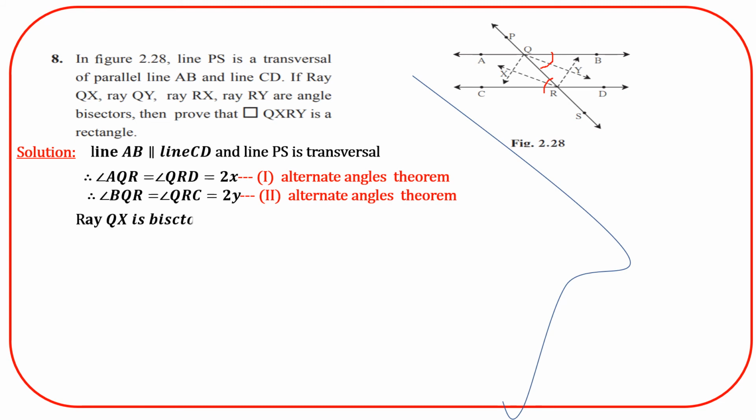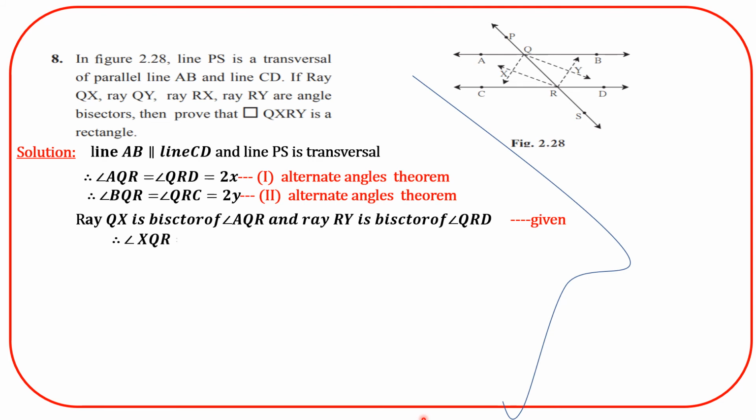Ray QX is a bisector of angle AQR and ray RY is the bisector of angle QRD. This is given.